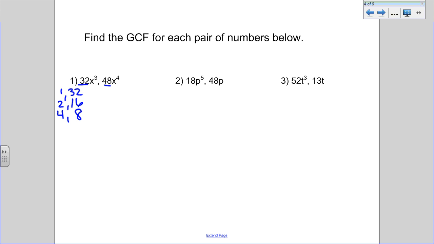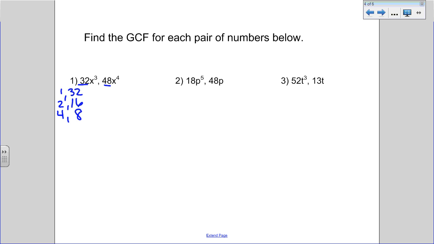We know that. 6 didn't divide in there evenly, and 7 didn't divide in there evenly. Is 8 already in there? So I'm done. Have I found all the factors of 32? Yes.